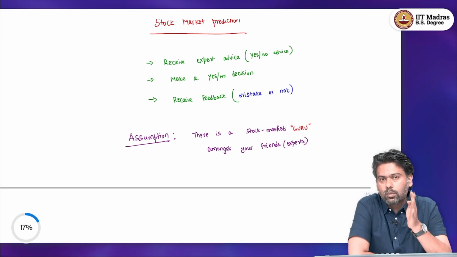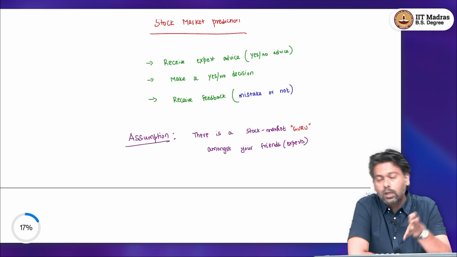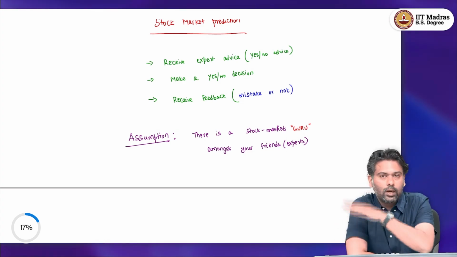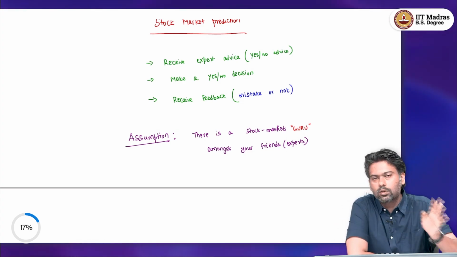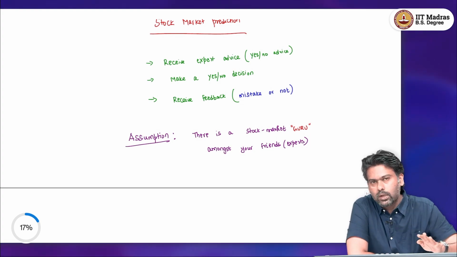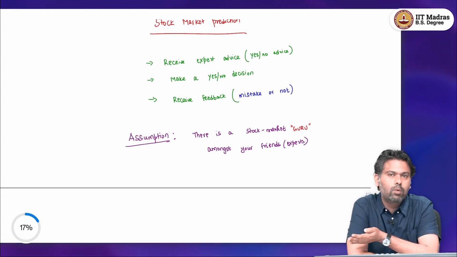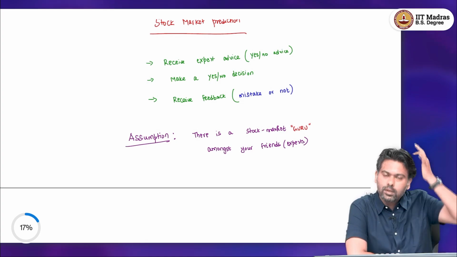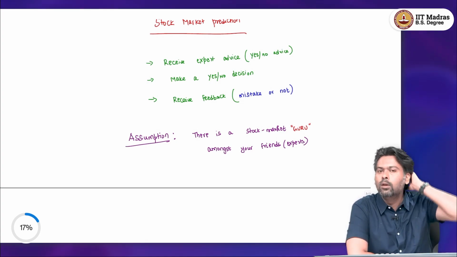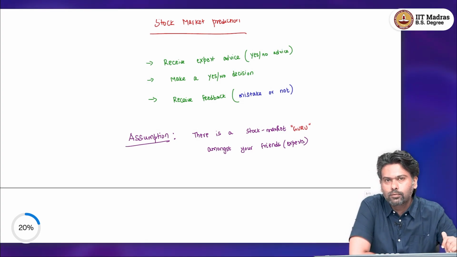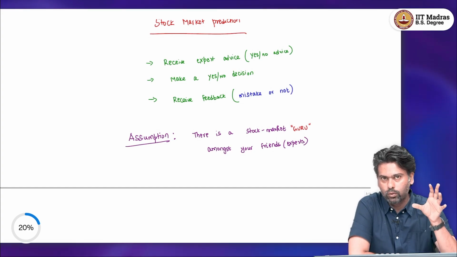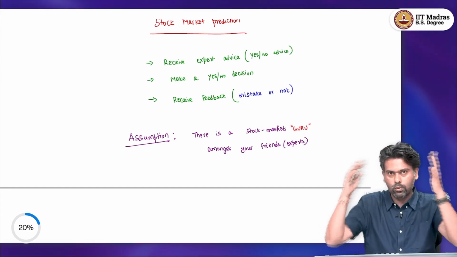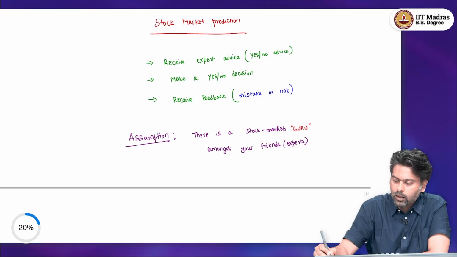And that guru will tell you to invest if the stock is going to actually go up in the evening, and will tell you not to invest if the stock will go down by the evening, right? So it's as if the guru can look at the future and tell you.